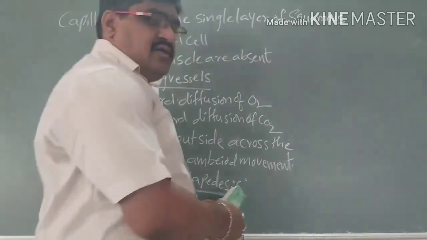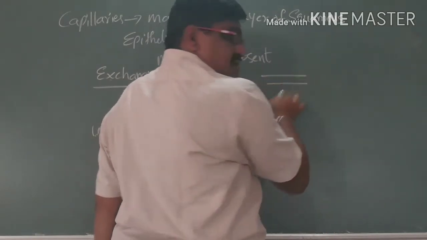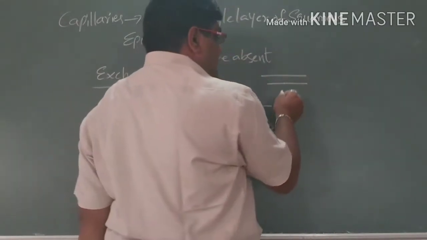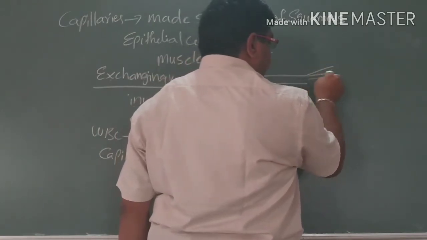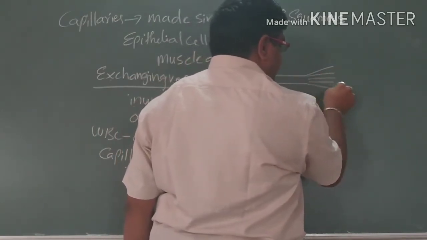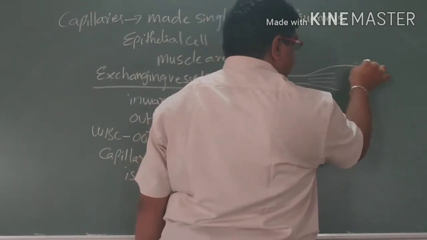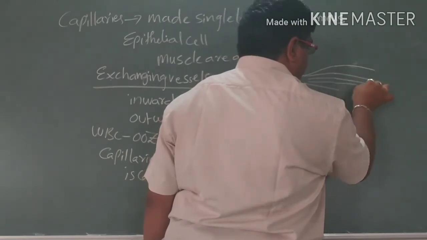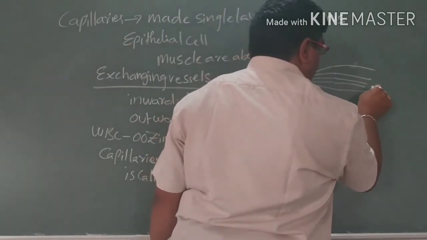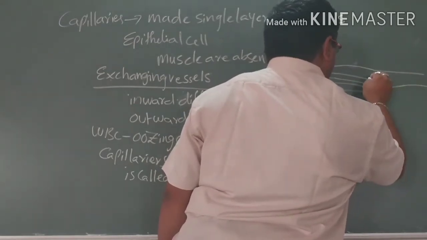So here, these are the capillaries, and these are arteries, which are divided into fine-like structures. These fine-like structures are joined together.